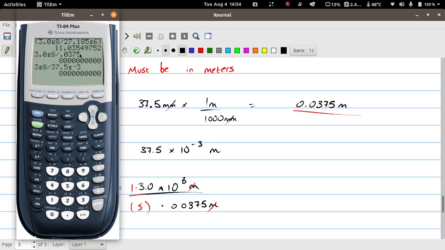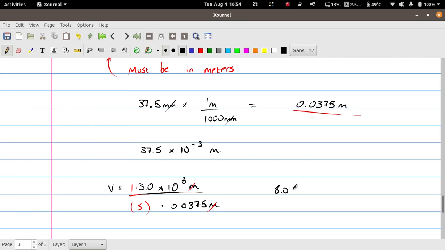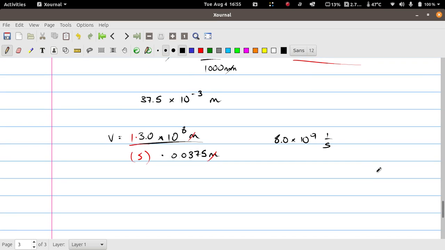I hate when my calculator doesn't put it in scientific, but so you have 1, 2, 3, 4, 5, 6, 7, 8, 9. So 8.0 times 10 to the 9, and then that would be 1 over seconds. So 10 to the 9 is giga, so you're going to have 8.0 gigahertz. So that would be the frequency that the satellite is operating at.